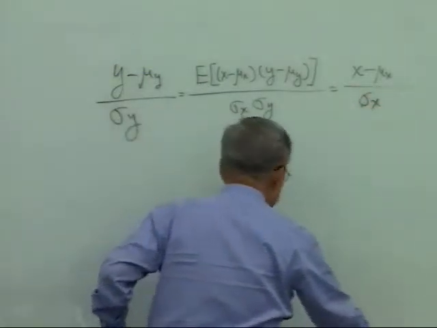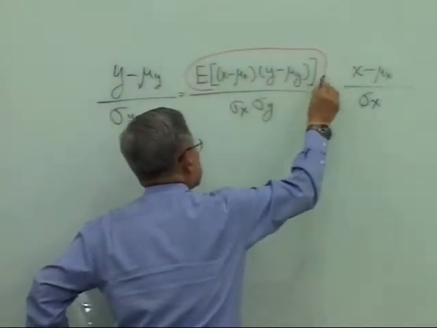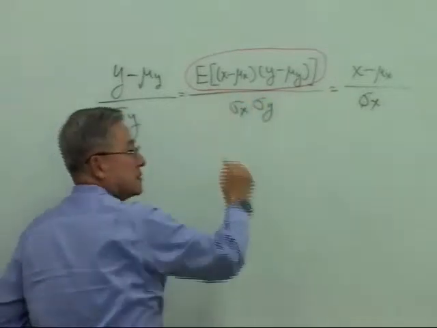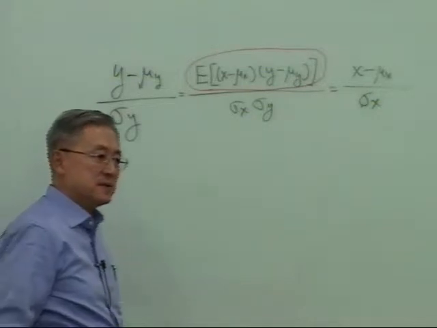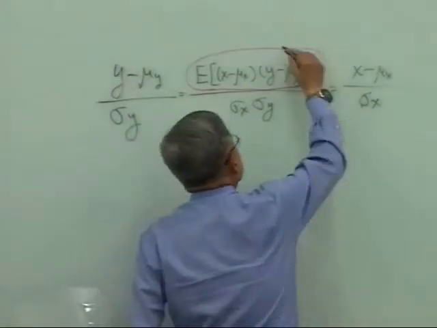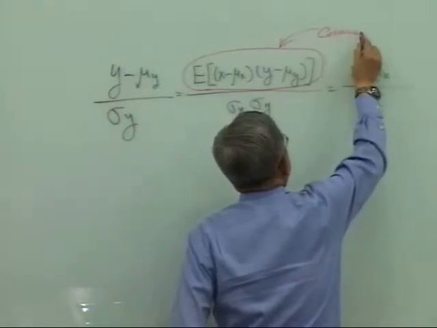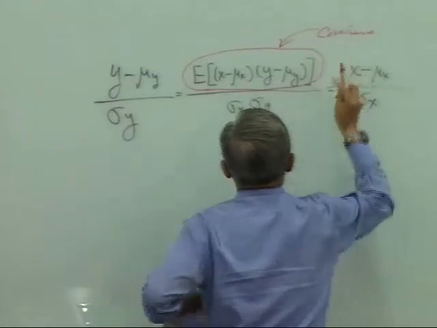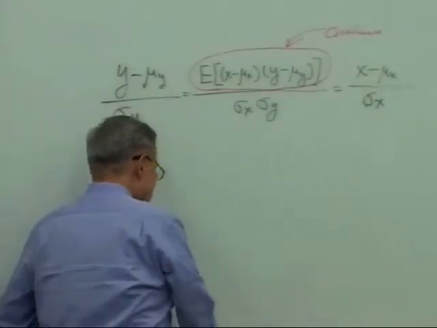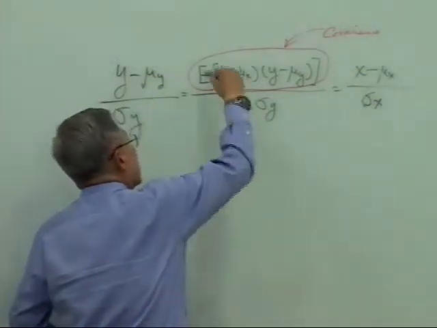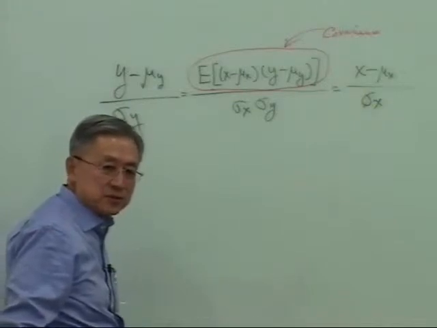So here, I think I mentioned Friday, what do you call this? This is called the covariance. Okay, that's the covariance. This whole thing is called the correlation coefficient.